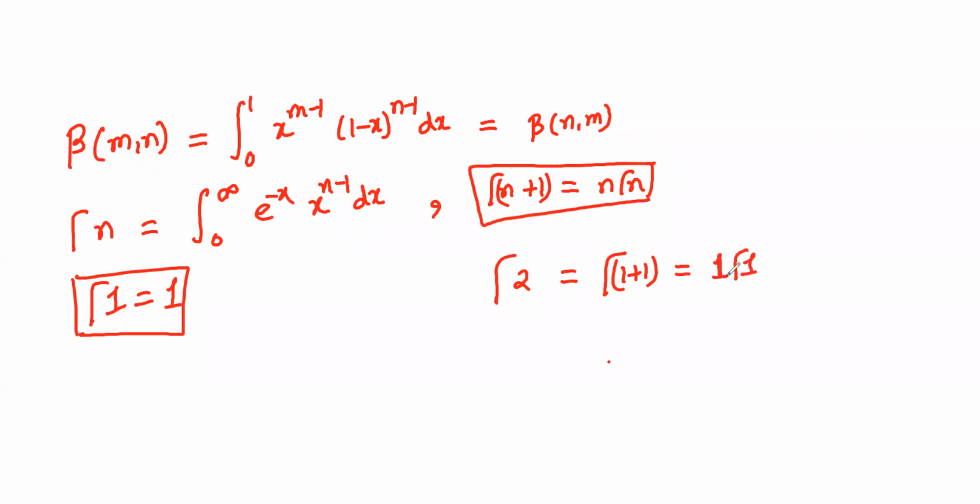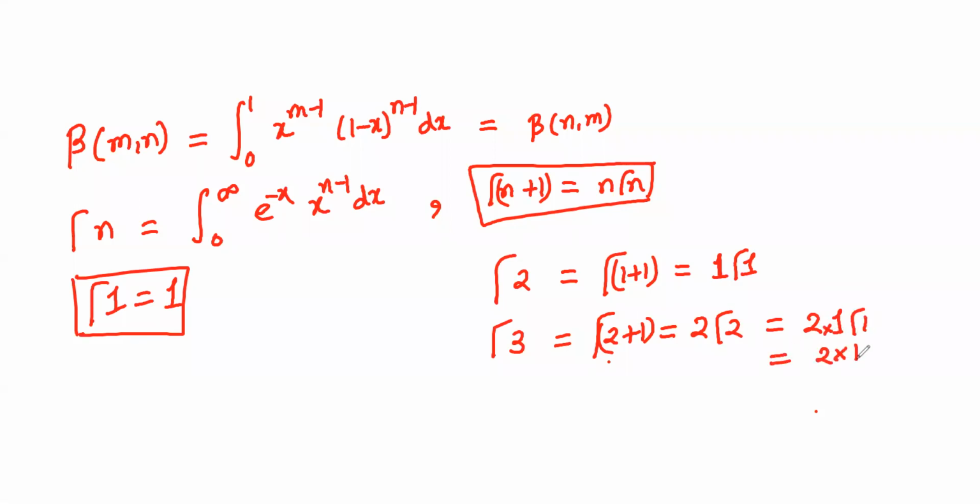Is anything wrong? It is 1 gamma 1. Keep reading. So gamma 2 will be gamma 1 plus 1, that is 1 gamma 1. Gamma 3 will be gamma 2 plus 1, so it will be 2 gamma 2, and since gamma 2 is 1 gamma 1, it is 2 into 1.